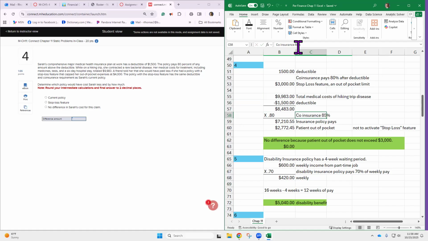The co-insurance, which is what the company will pay, is 80%. So from this bill, the insurance company will pay $7,210.55.